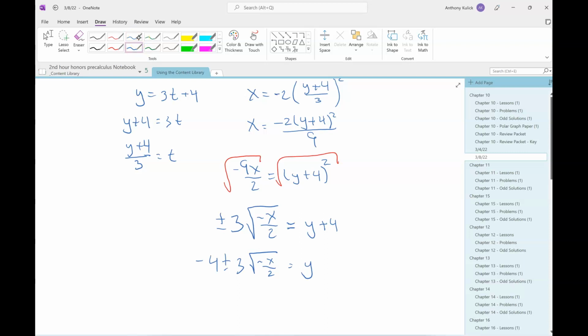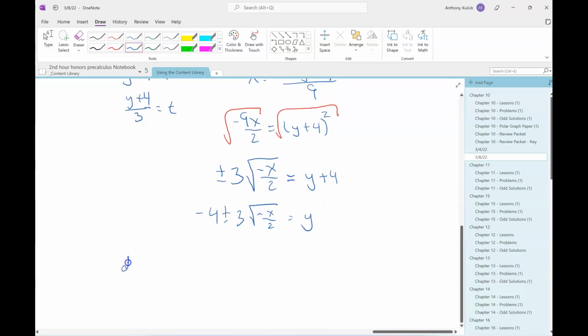Now we have to worry about the domain and range part, which is also kind of tricky. So let's do the domain piece here first. For the domain, we have to consider the x coordinate, which is negative 2t squared, where t is defined from negative 4 to 3.